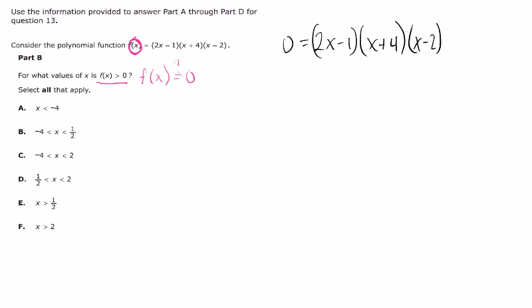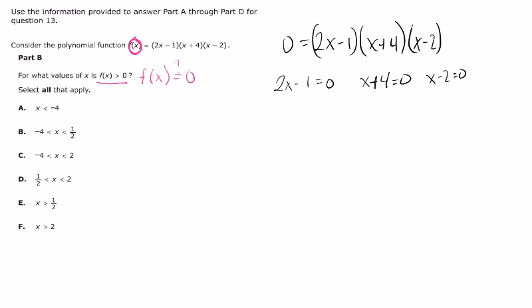So in other words, one of these has to be 0, right? Or all of them have to be 0. So either 2x minus 1 has to equal 0, x plus 4 has to equal 0, or x minus 2 has to equal 0. Okay, one or more of those things has to happen for this equation to be true.